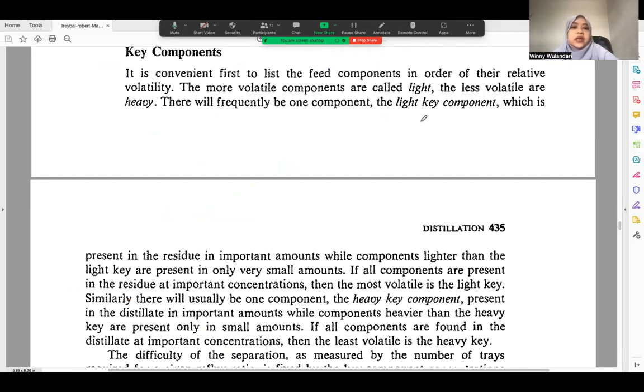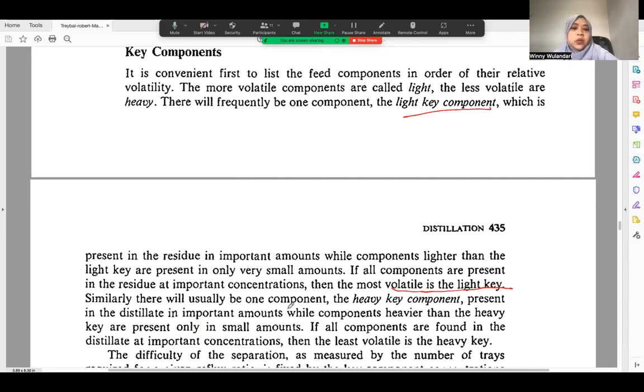There will frequently be one component, called the light key component, present in the residue, the bottom product, in important amounts, while components lighter than the light key are present only in very, very small amounts. If all components are present at important concentration in the bottom product, then the most volatile is the light key.